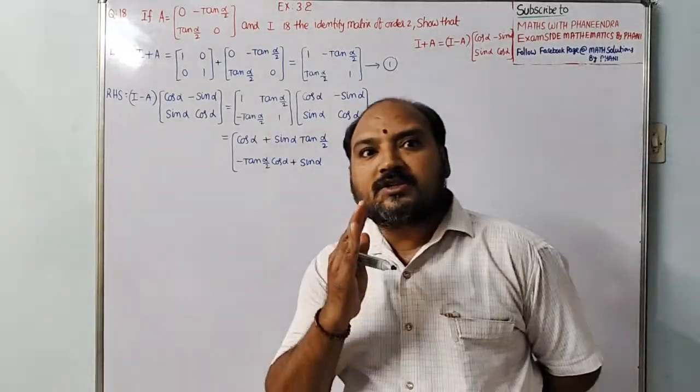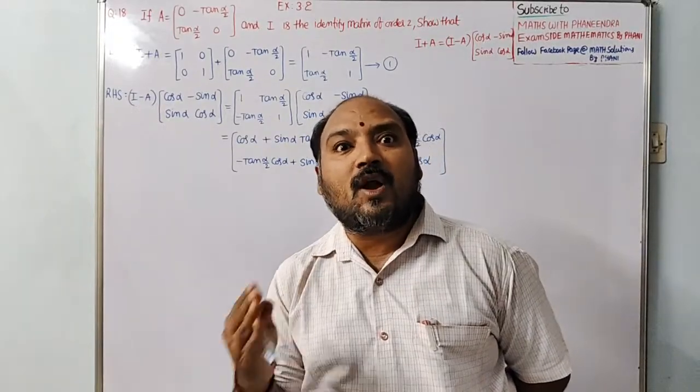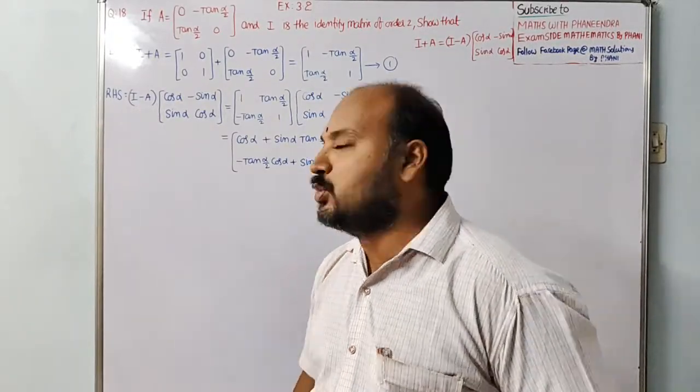After that, cos alpha in terms of sine is 1 minus 2 sine square alpha by 2.